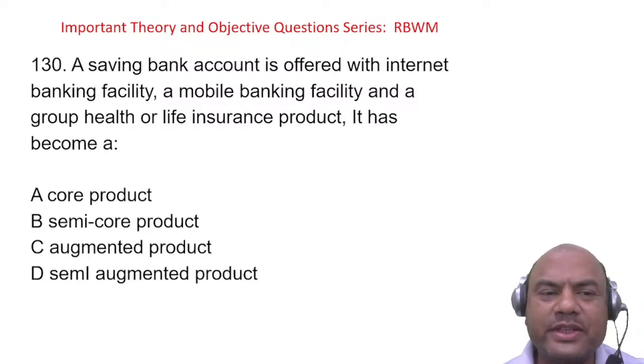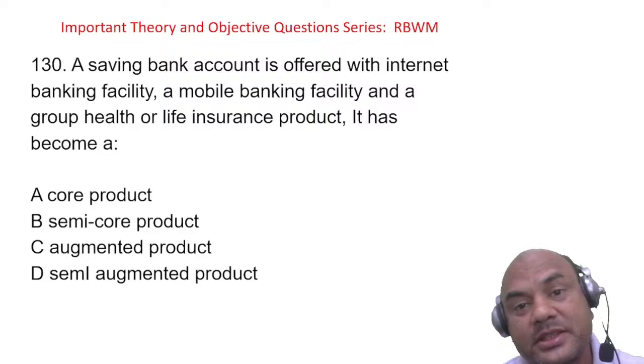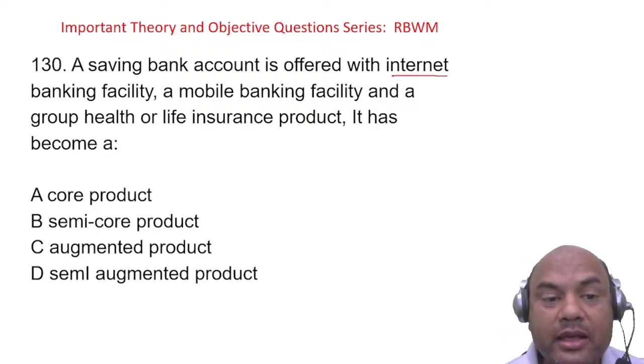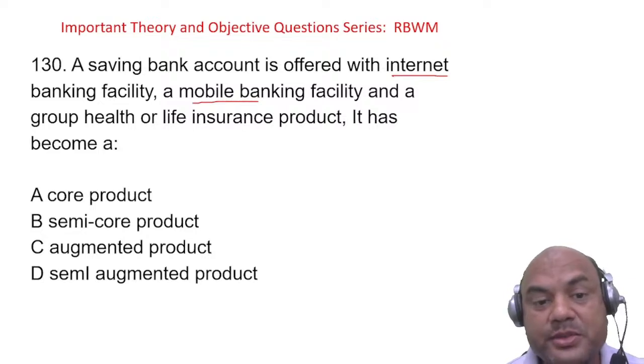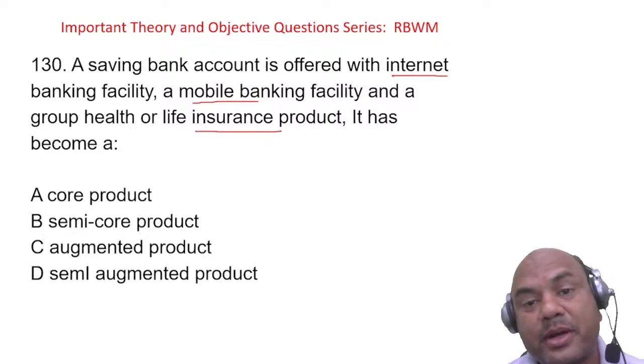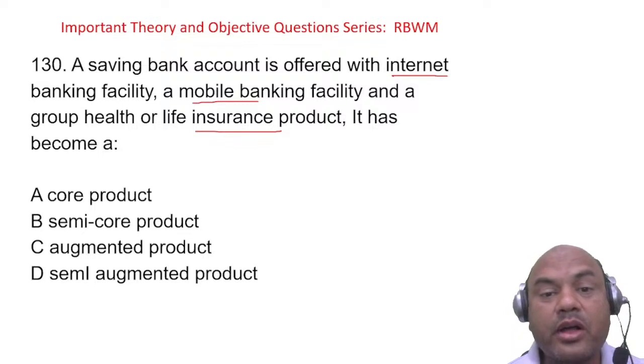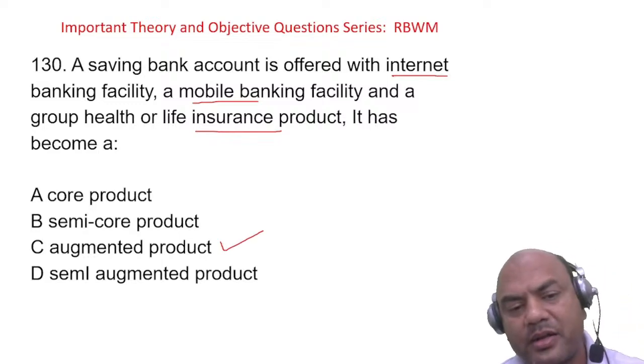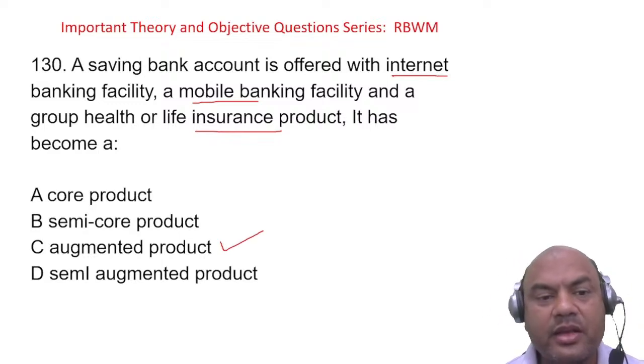So savings account is combined with what? Internet banking. Internet banking and mobile banking are separate products. The insurance policy is a separate product. Now you are combining these with the savings account. So it has automatically become augmented. Got it, everyone? This has automatically become the augmented product.